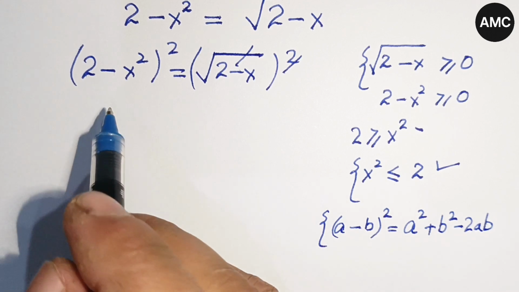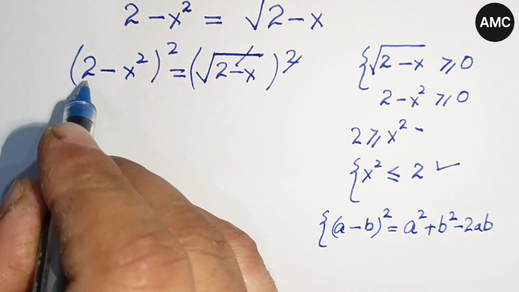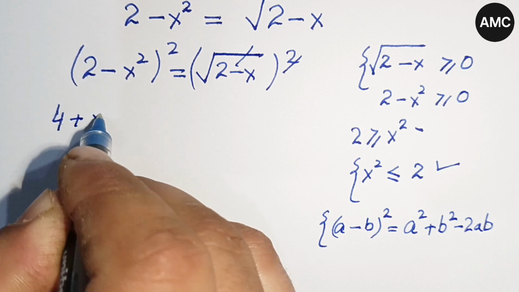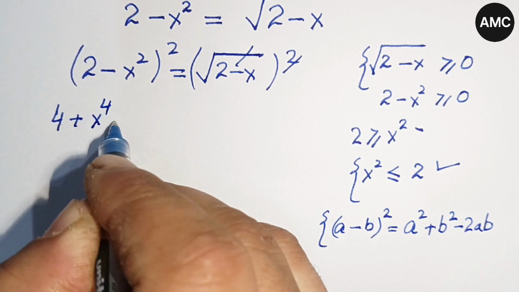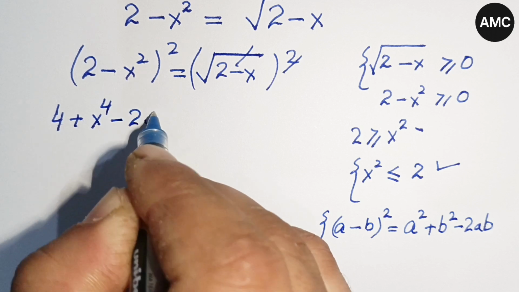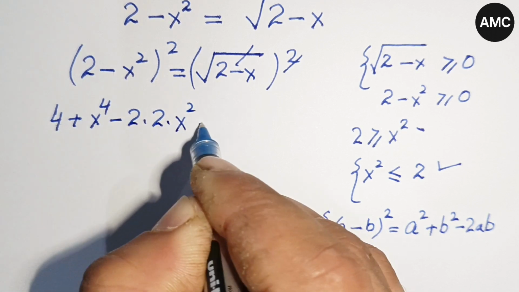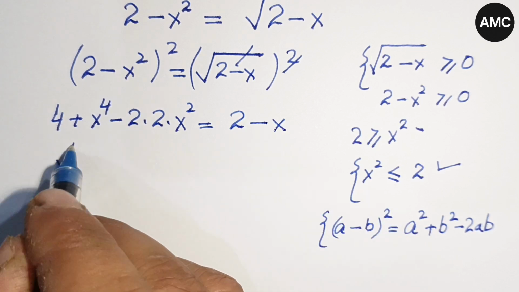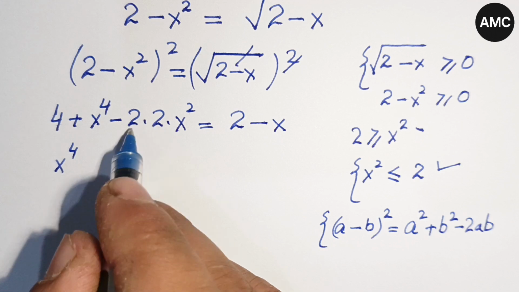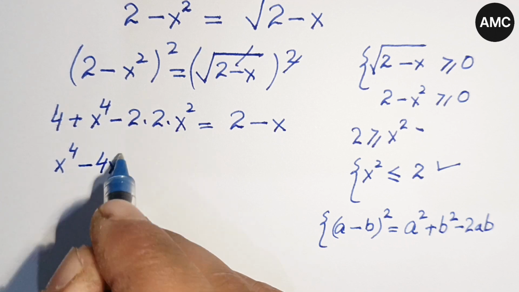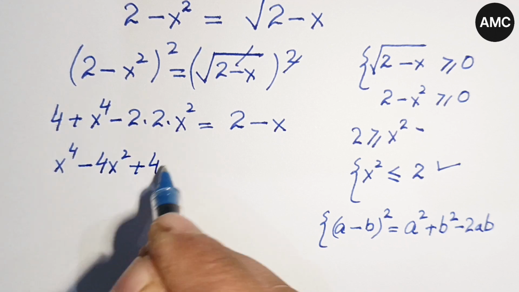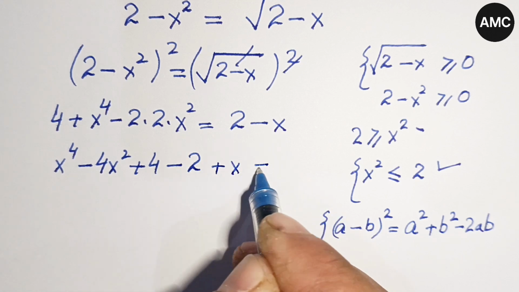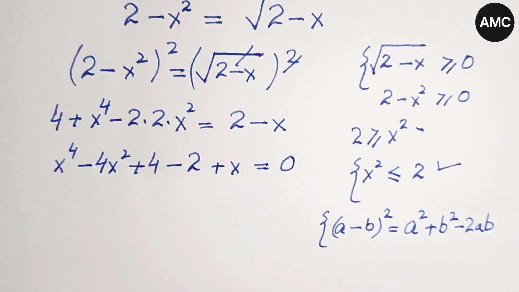Now our left hand side will be 2 squared, which is 4, plus x squared whole squared, which is x to the power 4, and minus 2 times 2 times x squared, equal to 2 minus x. Here we have x to the power 4, minus 4x squared, plus 4, and shifting this term, minus 2 minus x becomes plus x, which is equal to 0.